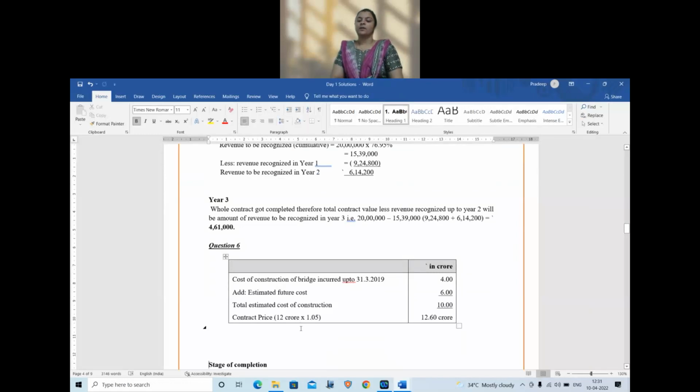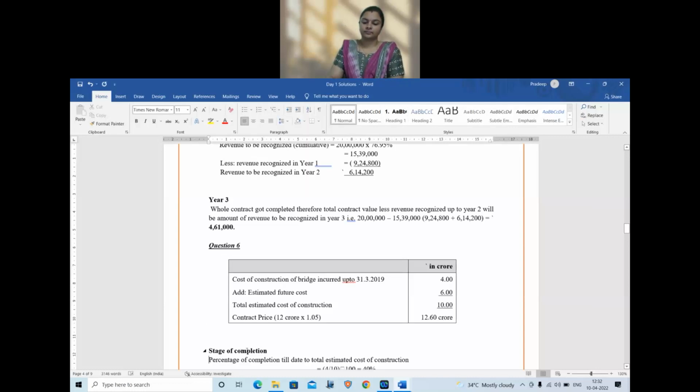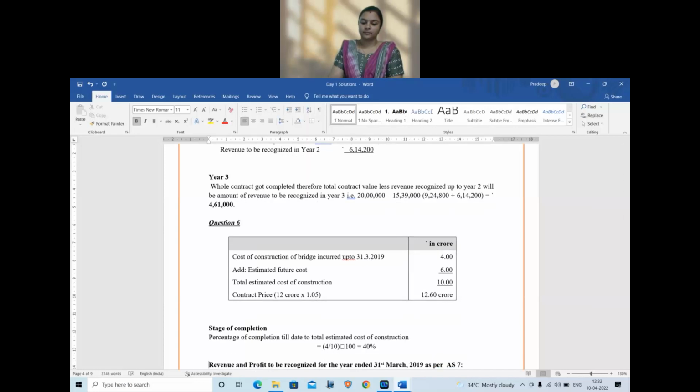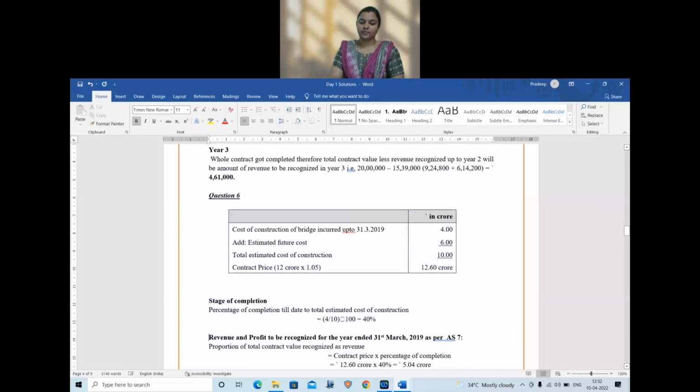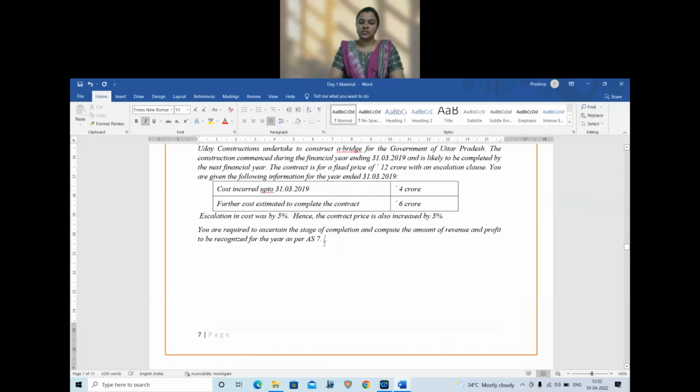Okay, so let's check the answer. Cost of construction 4 crores. Estimated future cost 6 crores. Is the question giving the estimated future cost after escalation or before escalation? That is the key.